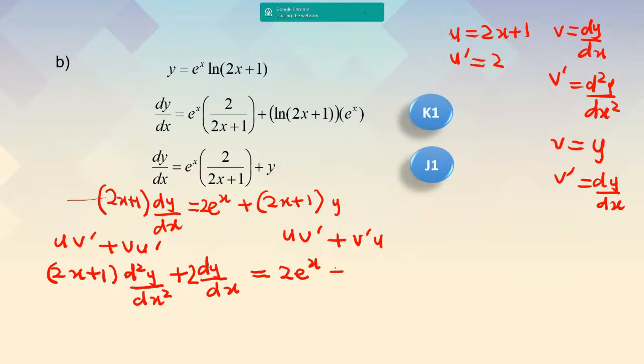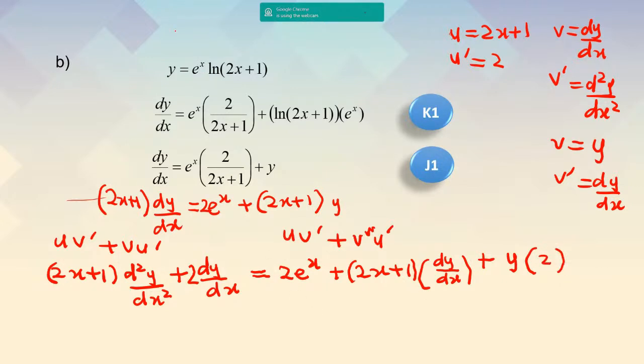And then u v prime: 2x plus 1, v prime is dy over dx, and then v u prime, v is y and u prime is 2.